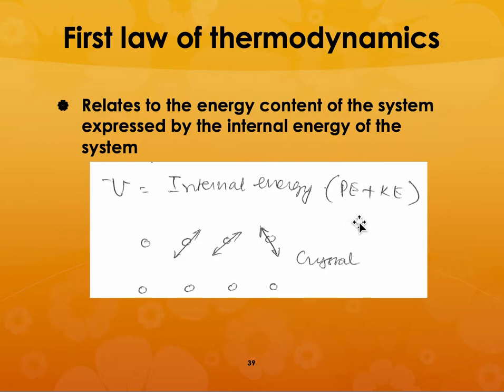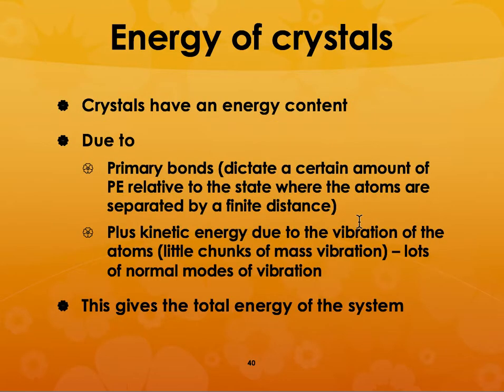In the same manner, potential energy should decrease so that it will maintain the total energy of the system. So the potential energy is due to the primary bonds where the atoms are separated by a finite distance, and the kinetic energy is due to the vibration of the atoms, little chunks of mass vibration, lots of normal modes of vibration. So that will all contribute to the kinetic energy of the system, and that gives you the total energy of the system.